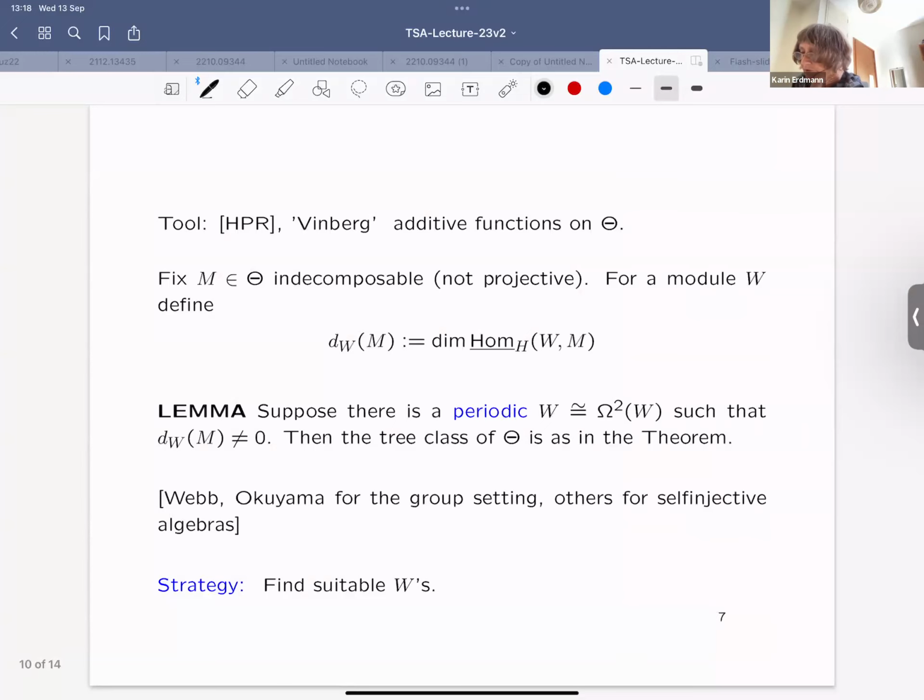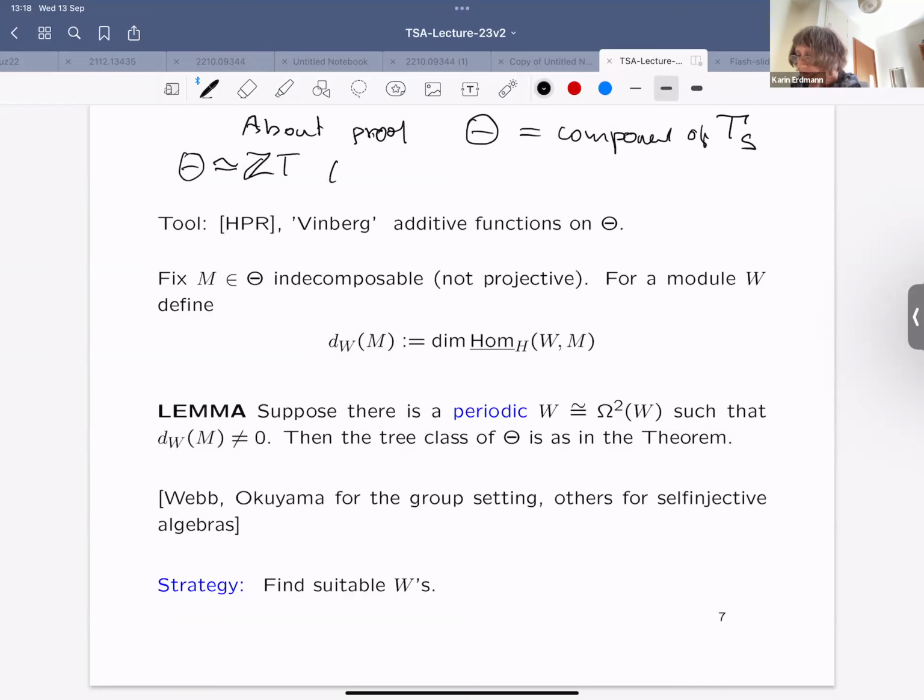Yes, so how about the proof? So basically discussing something about the proof. What sort of tools do you have to identify this? So we have a component of the stable Auslander-Reiten quiver, and we know it's isomorphic to ZT or perhaps ZT modulo some group.